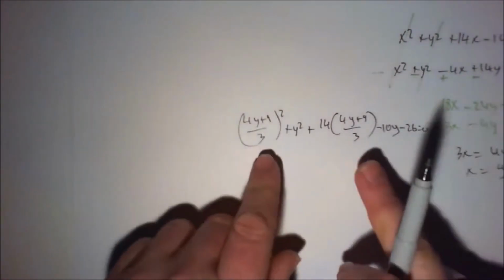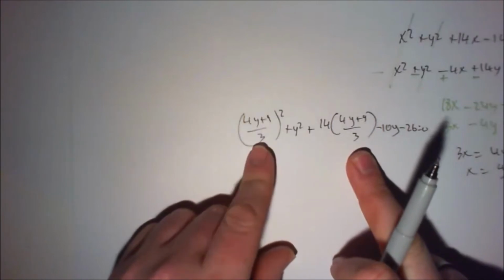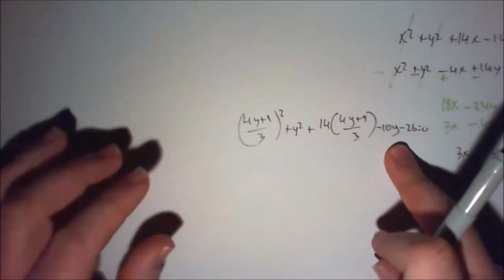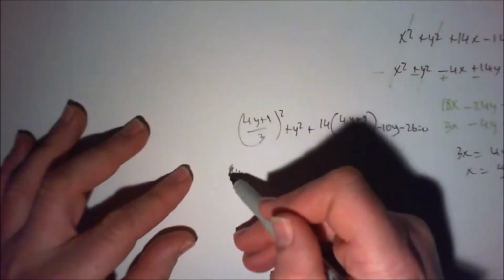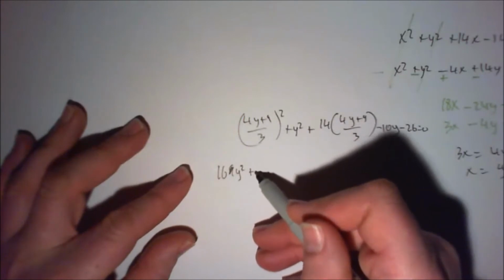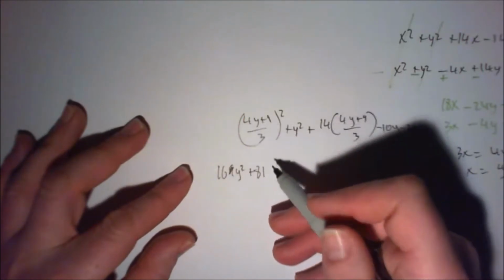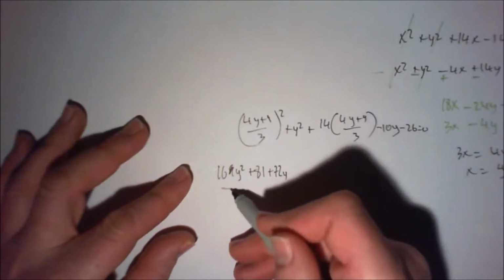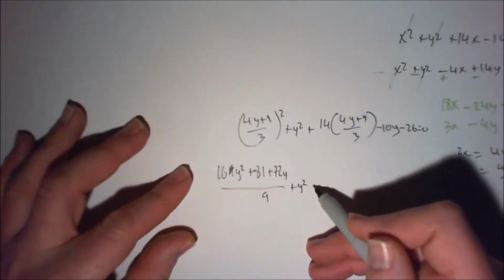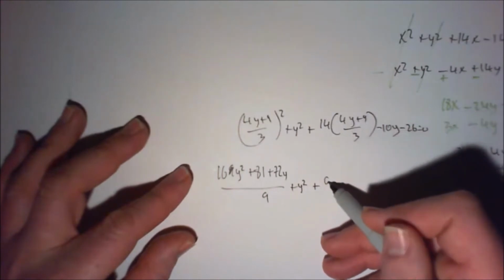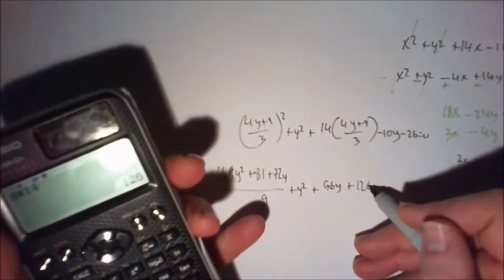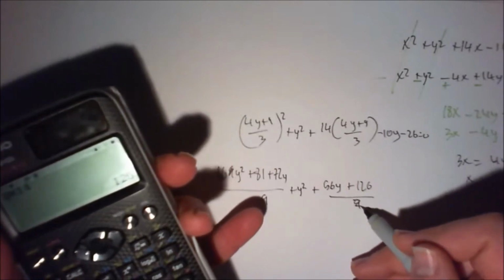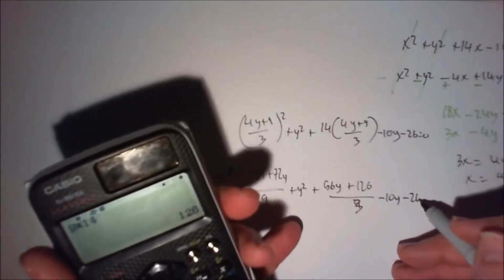So remember, we'll use our same trick. First of all, I can see straight away that everything's going to have to be multiplied by 9 eventually in order to get rid of these fractions, but we'll come to that in a second. Square the top: 16y squared plus 72y plus 81, over 9, plus y squared plus 56y plus 126 over 3, minus 10y minus 26 equal to 0.